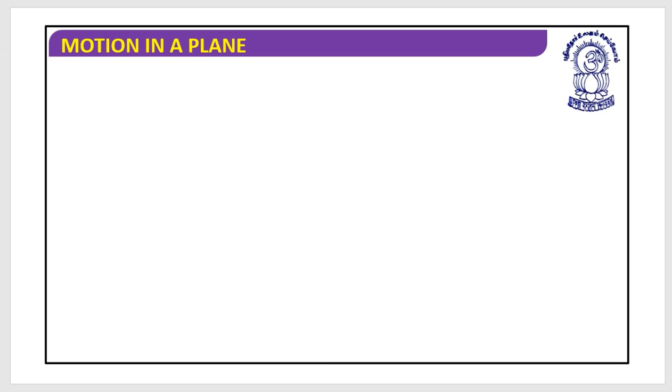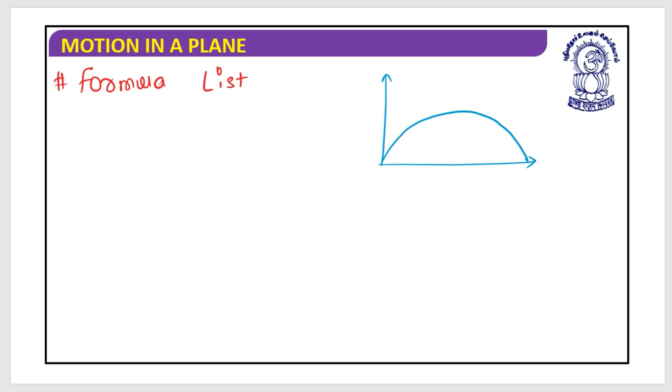So let's summarize, it's a formula list. The situation is something like this: I have a projectile that I have thrown with velocity u, making an angle theta.